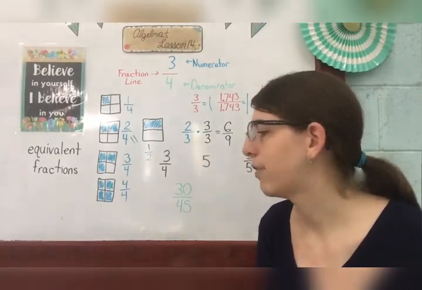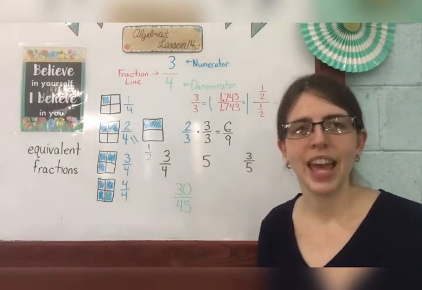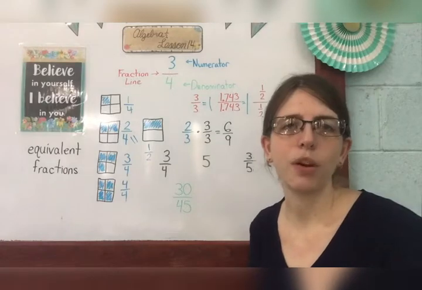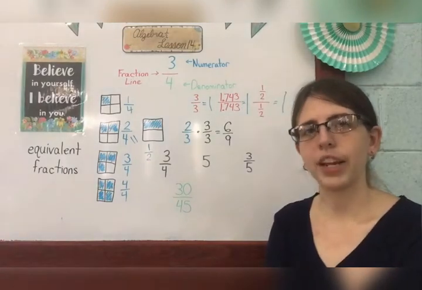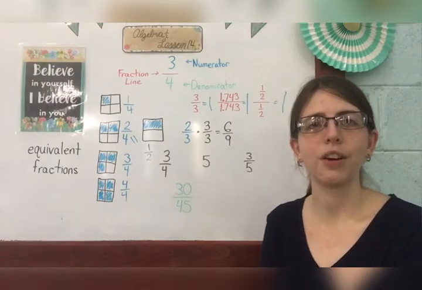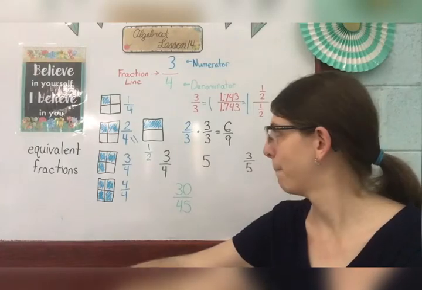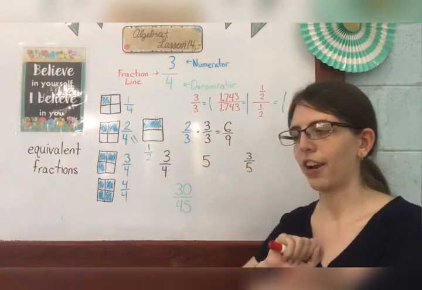So let's talk about finding equivalent fractions. You are going to need to find equivalent fractions, and the way that your book will ask you to do this, it will say, find the equivalent fraction that has a denominator of, and then it will give you the number that should be in the denominator of your new fraction. So let me show you how to work those problems. The first one is right here.